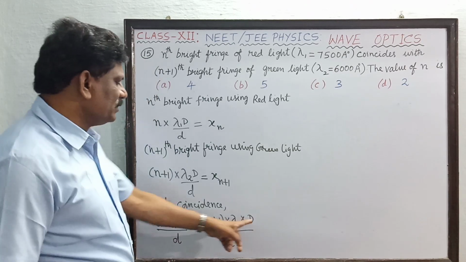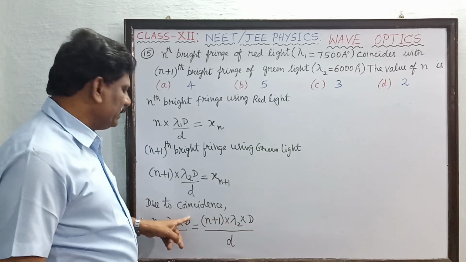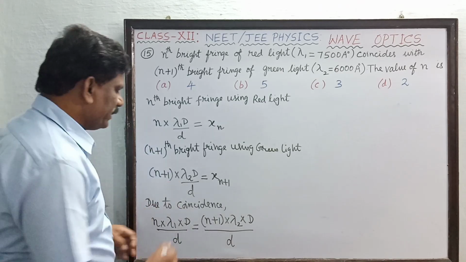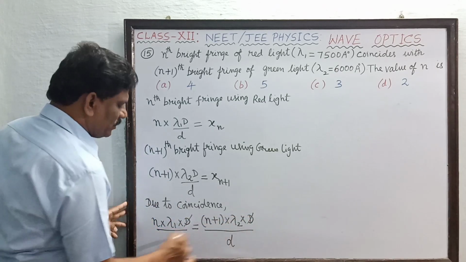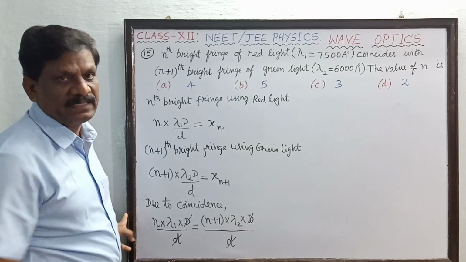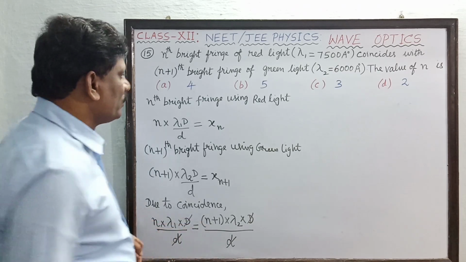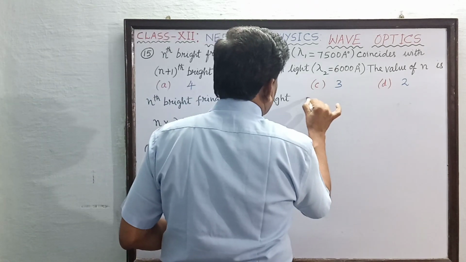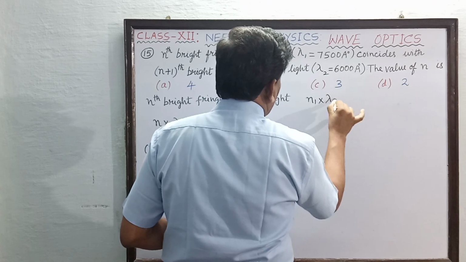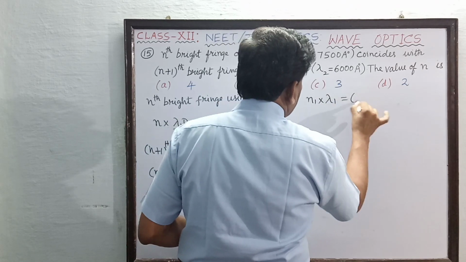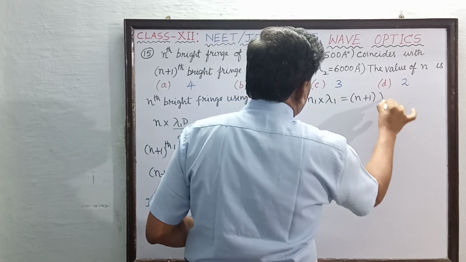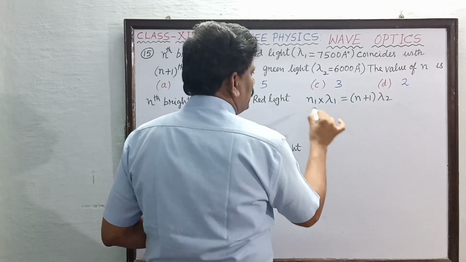In this arrangement, capital D and small d are the same on both sides, so I can cancel them. Rewriting this equation, n lambda 1 is equal to n plus 1 into lambda 2.